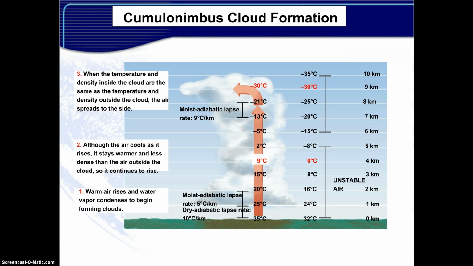The bottom layer of the troposphere, up until just below 0 degrees Celsius, is what we consider unstable air. Then once you get higher in altitude, in this situation, about negative 15 degrees Celsius and colder, this is what we call stable air.